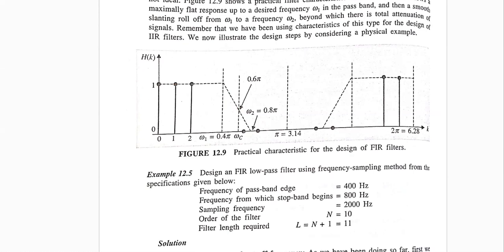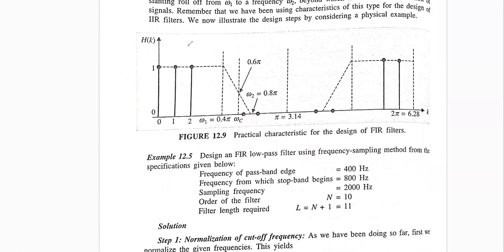Okay. So the idea is plain and simple. You need to define your filter first, with those points like omega 1 and the value of omega 2 that should be given. And from there you can find omega c. How can you find omega c? Just add those together and divide by 2, the average of omega 1 and omega 2.